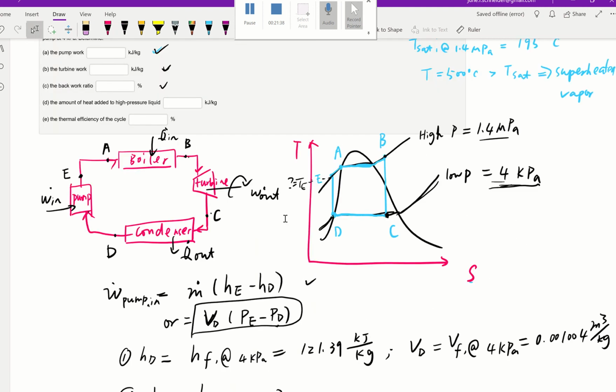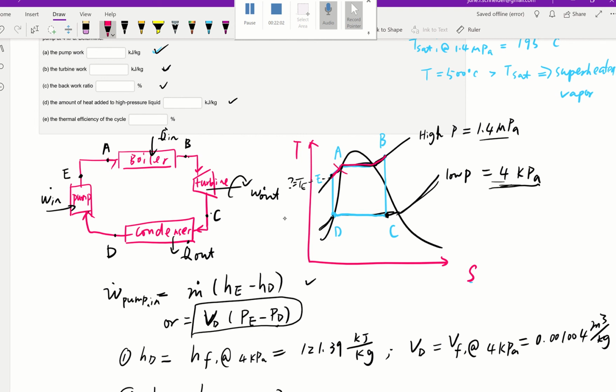Let's continue. They ask about the amount of heat added at high pressure. That is how much heat is added to change from compressed liquid to saturated liquid, and then from saturated liquid to superheated. So it's this red line all over here.